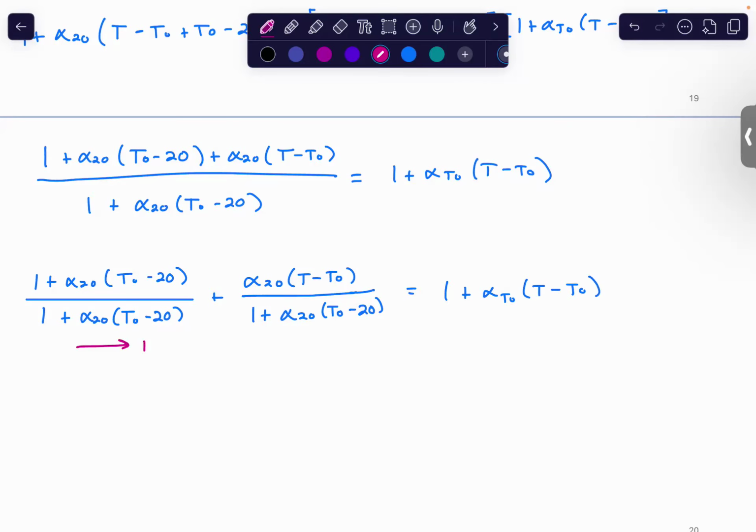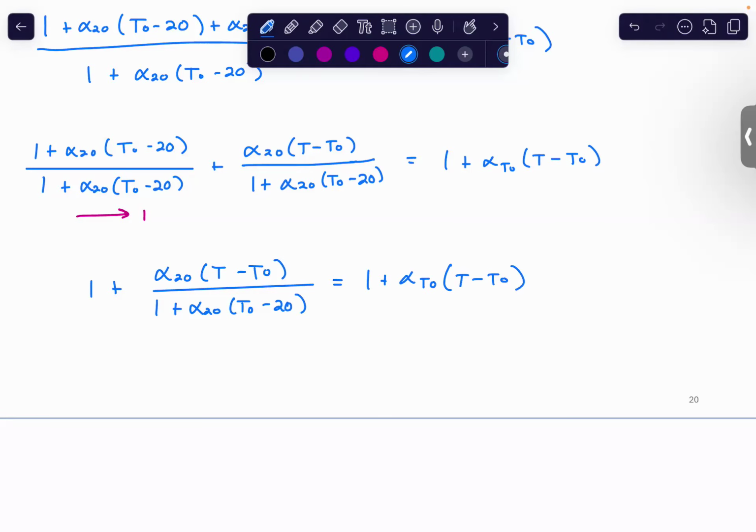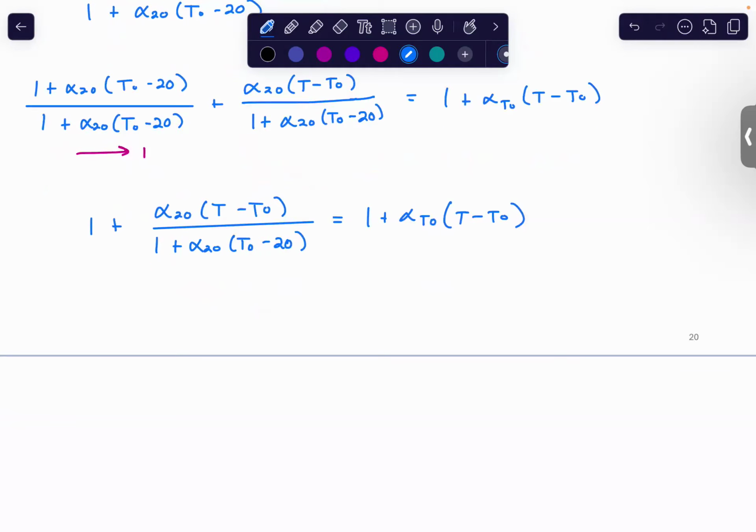So this one here becomes 1. All right, well, I can just subtract 1 from both sides. And so I'm going to subtract 1 from both sides and flip everything around.